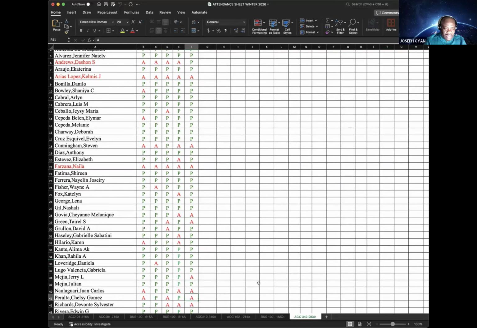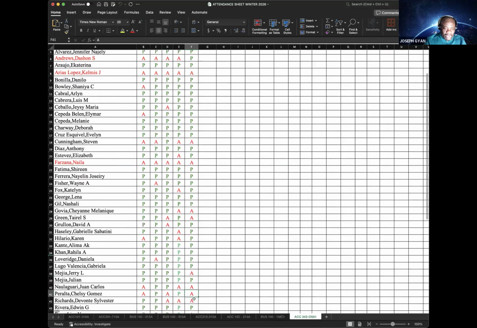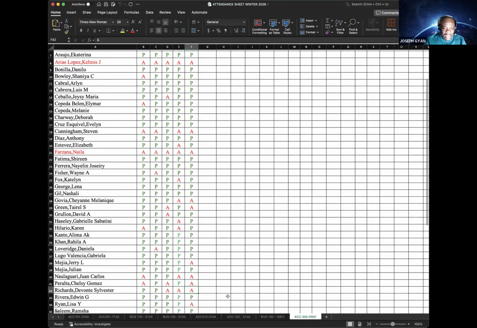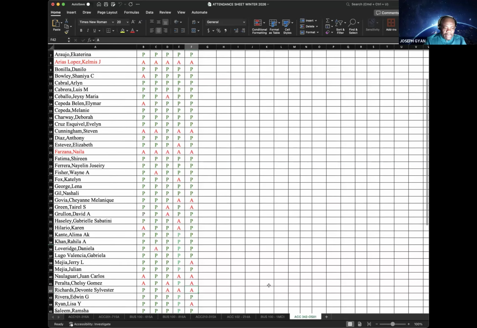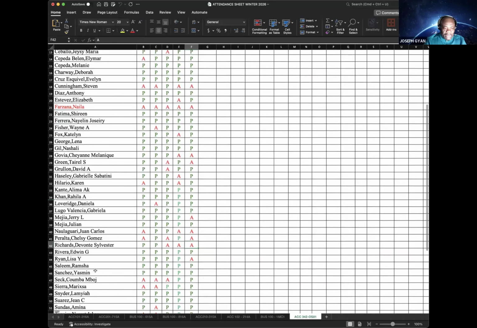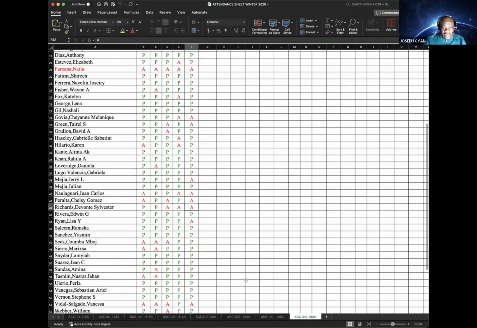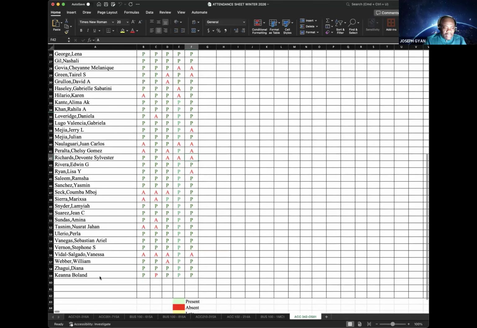Gomez was absent. And then Richard was also absent. And then Lisa was also absent. So these are the students who were absent in our last class. And lastly, I think one more person, Vanessa, was also absent.